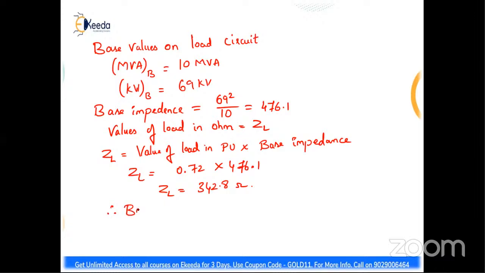Base values in generator circuit. MVA of base is equal to 20 MVA, right?